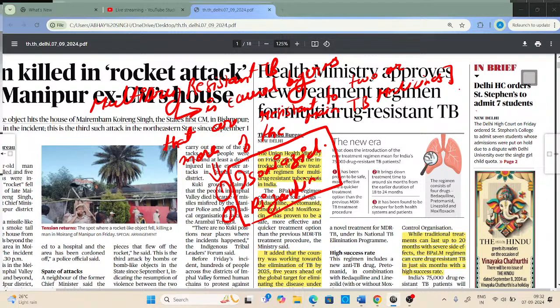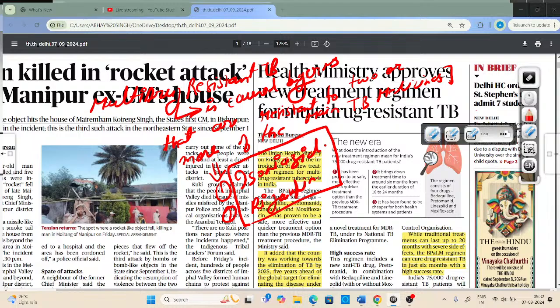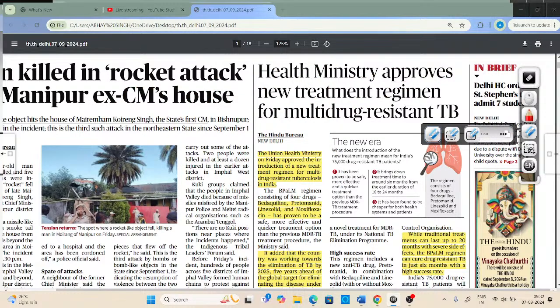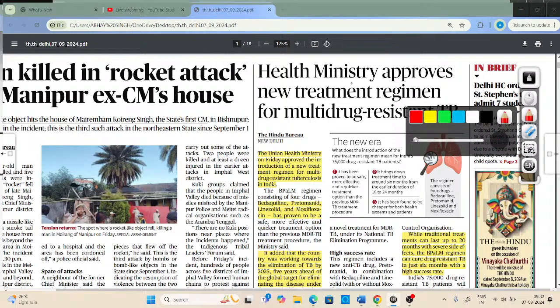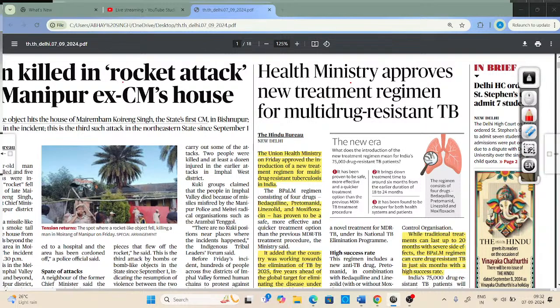As of now, India has approved a new treatment regimen for curing this multi-drug resistant TB. Now we have to understand what we mean by the term regimen. A regimen is basically a prescribed course of medical treatment.